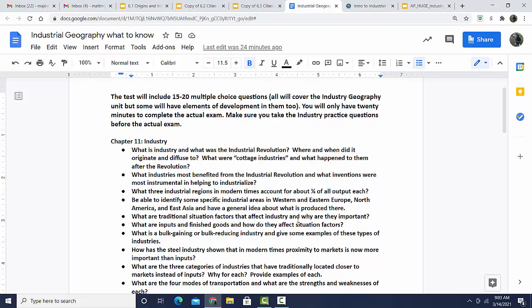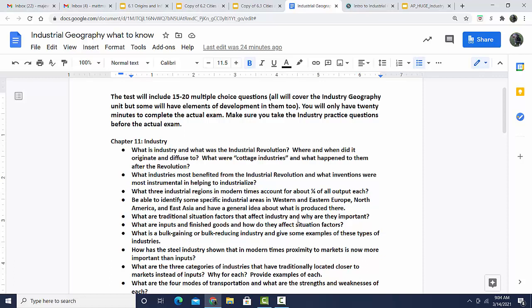Empty aluminum cans are very, very light, and ones that are filled with liquid are a lot heavier. So it makes more sense for that industry to fill those cans at the very last minute so that it doesn't cost nearly as much to transport them to the market, since that's the most expensive step.